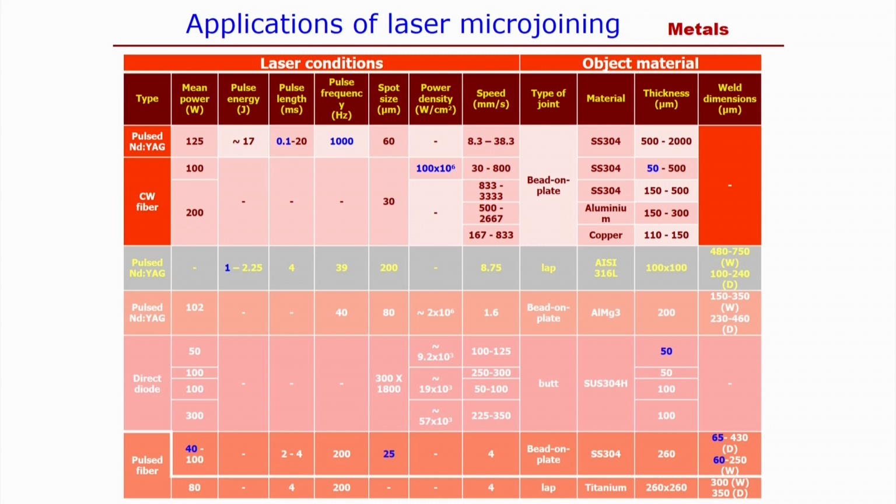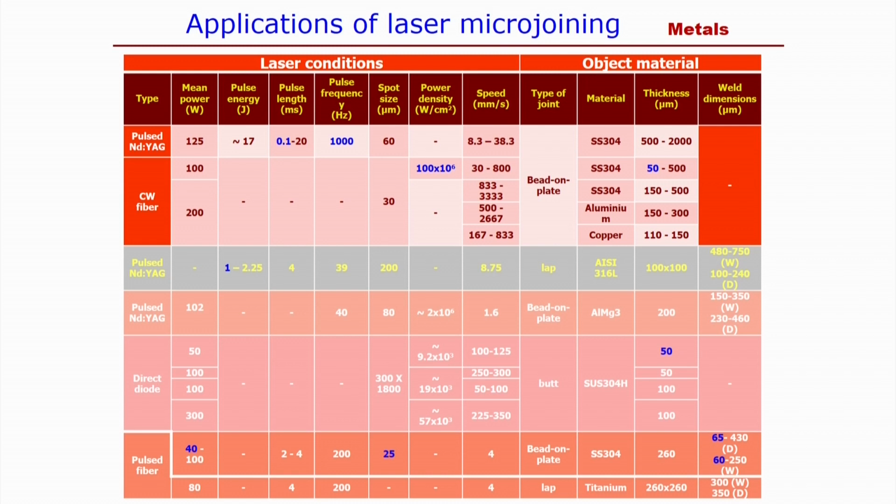If you see the tabulated form, the minimum mean power is around 40-50 watt, but the maximum, from this table, is around 300 watt. Pulse energy varies: in one case it is 1 joule, in another maybe 17 joule. Pulse length also varies, 0.1 to 20 millisecond, in other cases 2 to 4 millisecond.